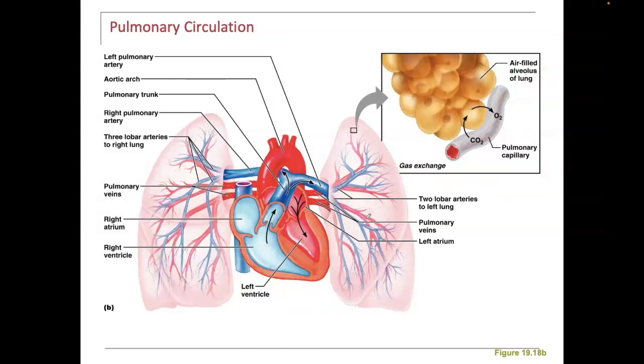But then we also see that there are blood vessels going from the lung back into the heart. Now, if we look at the right-hand side of the heart, we will notice that the color of the blood here is different than the color of the blood on the left side of the heart. The color on the right is blue, the color on the left is red.